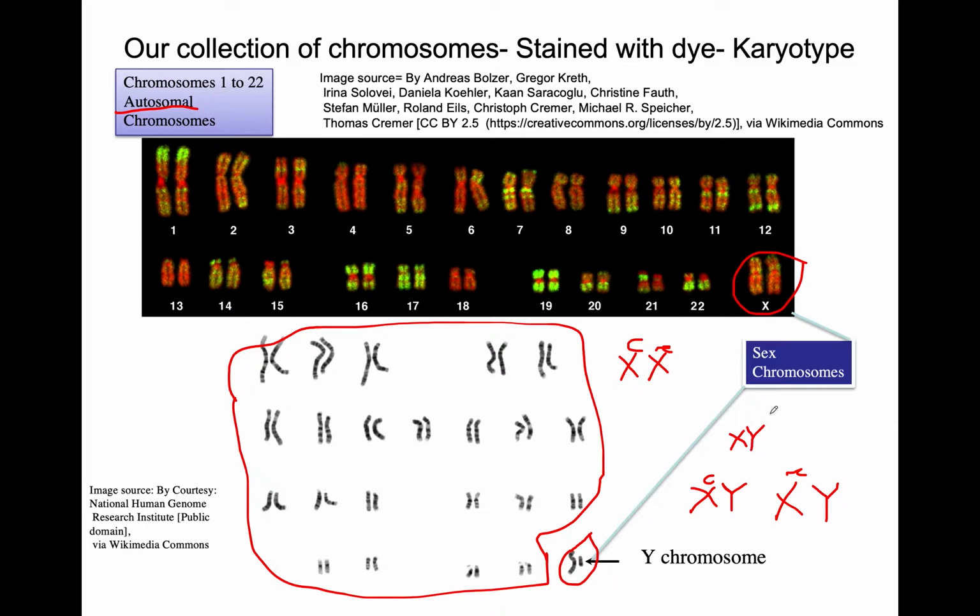But let's just say some gene, I'm just going to call it gene A. Then we would be writing it as a superscript on the Y chromosome. Now, the fact that these genes are on sex chromosomes, their inheritance pattern shows sex dependency. And this is what we call X linkage.